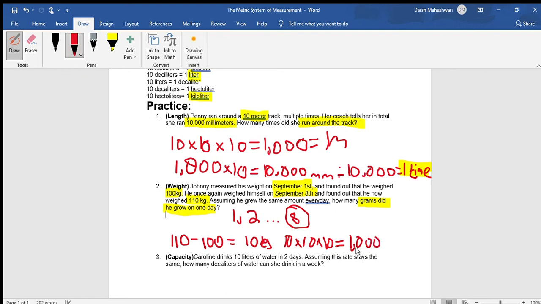Now, we want to find out this 1,000 times 10 because he grew 10 kgs, not 1 kg. So 1,000 times 10 would equal 10,000. Now, we're not done yet because it asks how much in one day. So as you can see, he grew 10,000 grams and he did it for 8 days.